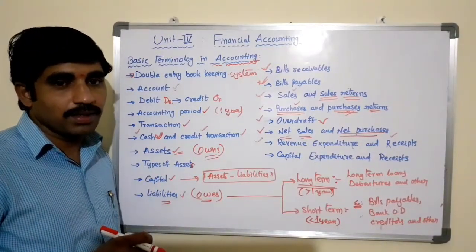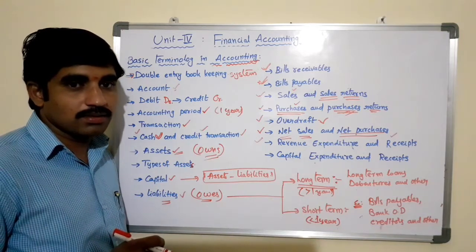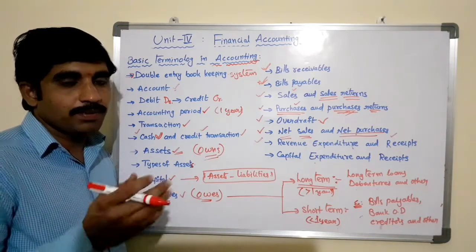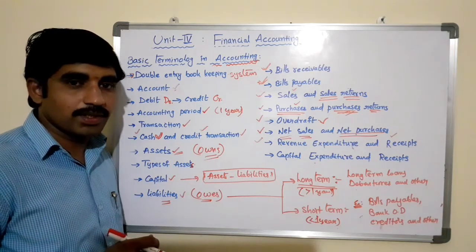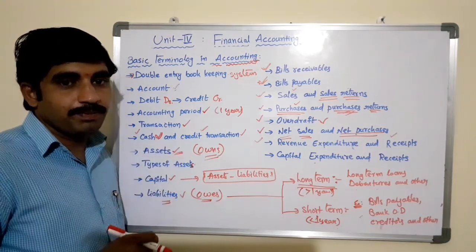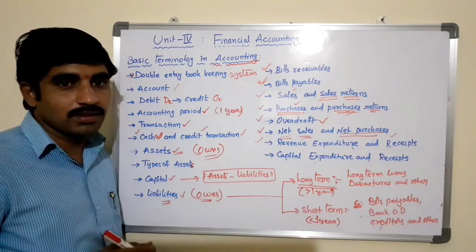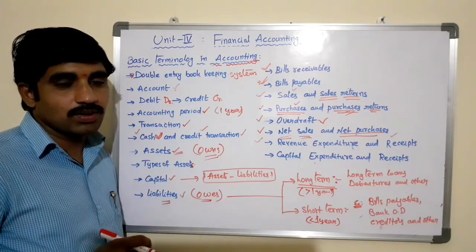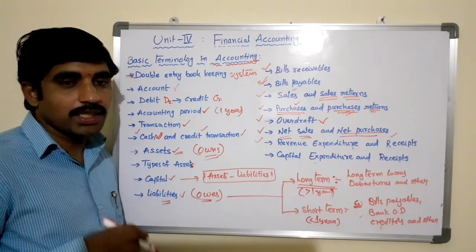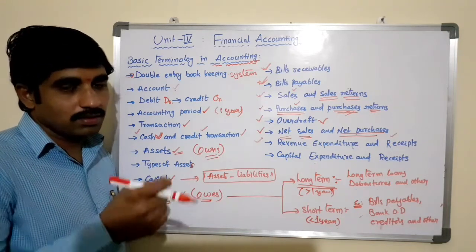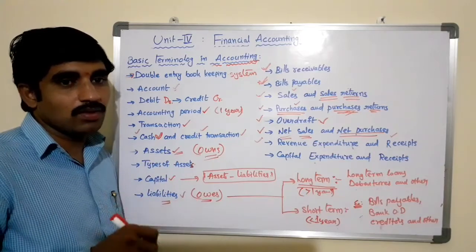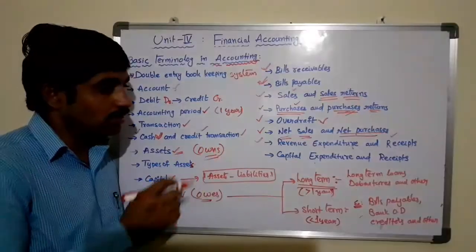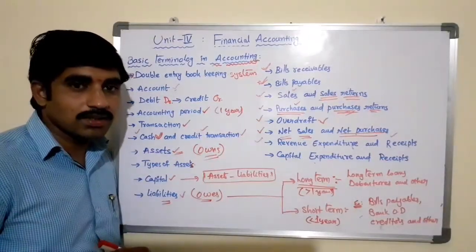Payment to employees in terms of salaries, revenue expenditure. Payment to labor in terms of wages, revenue expenditure, commission paid, rent paid, interest paid to the debenture holders, dividend paid to the shareholders. All these expenditures come under revenue expenditure.